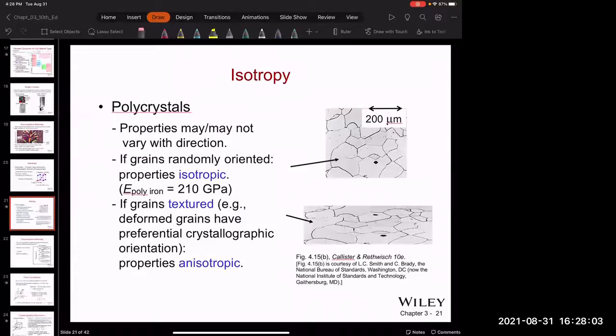You don't really care about what's inside of the material, how they are arranged with each other. They're going to give you about the same property. But sometimes if you have an anisotropic material, then you have to be careful. The direction matters, and how you put the object will change the property of the material.